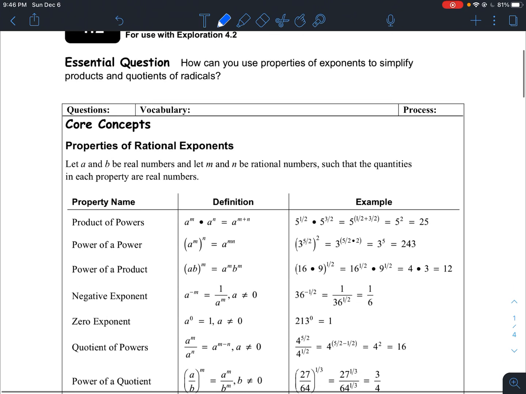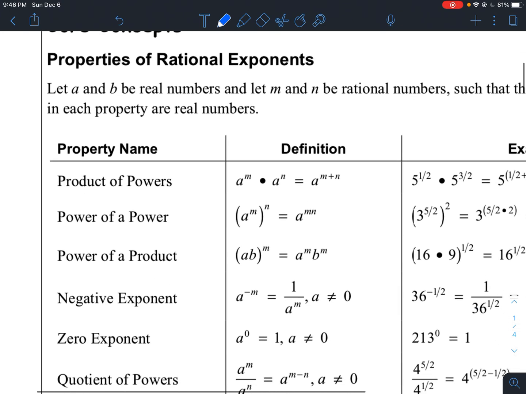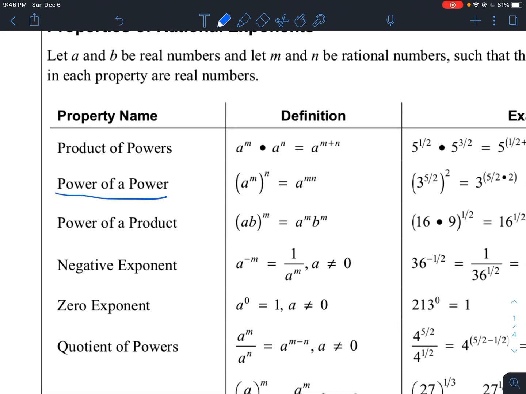Let's look at our properties. Sorry, not the right one: the power of a product. You see that we have two different items being multiplied inside, and they're both being raised to a power.